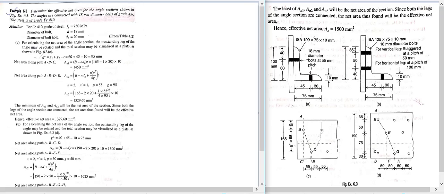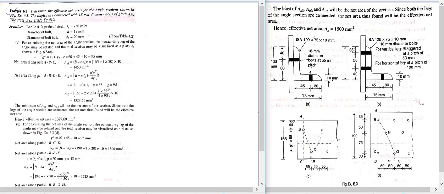Okay, then this is 30 and this is 40. So you can find the total breadth. That means 40 plus 95 plus 30. How much? 40 plus 95 plus 30, that means 165.